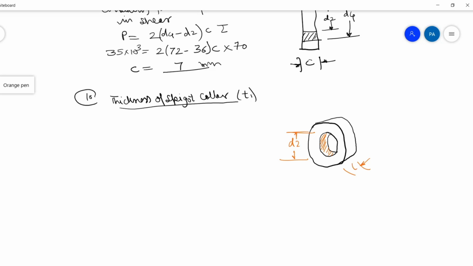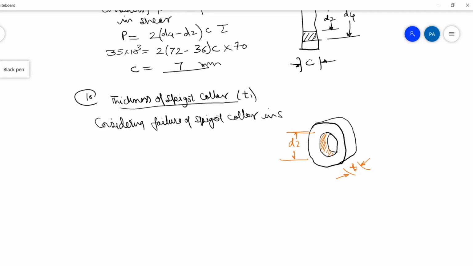This thickness is T. Considering failure of spigot collar in shear, P is equal to, what is the area? Area is pi D2, the circumference, and into what thickness?